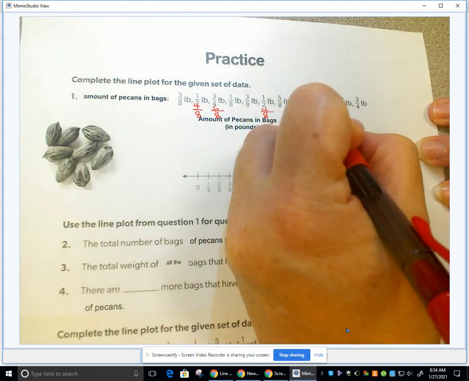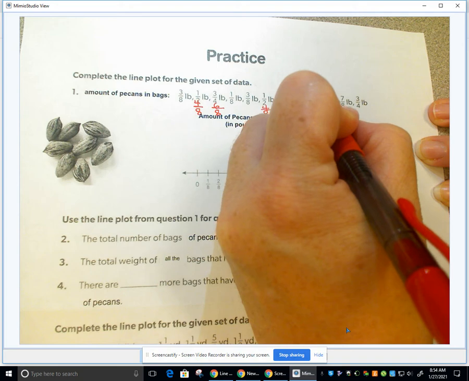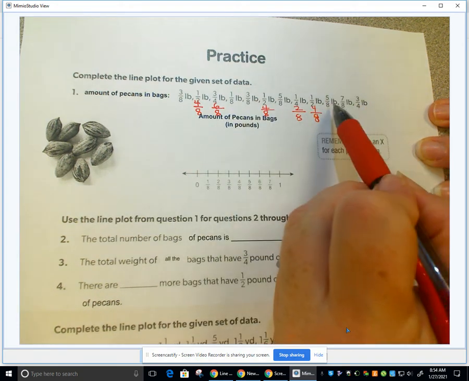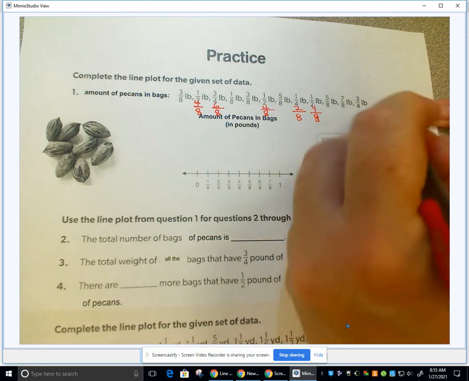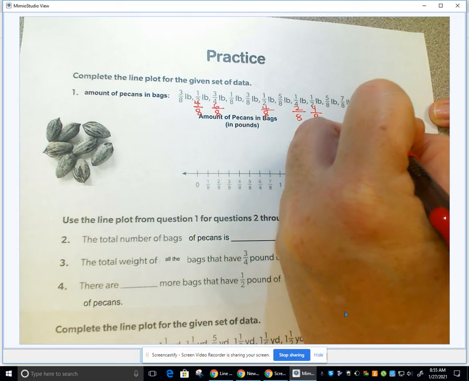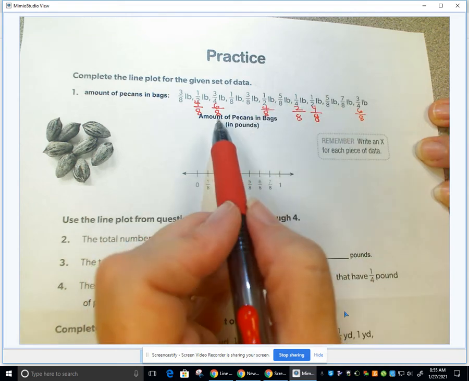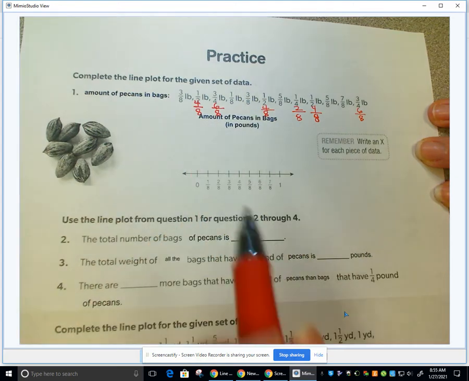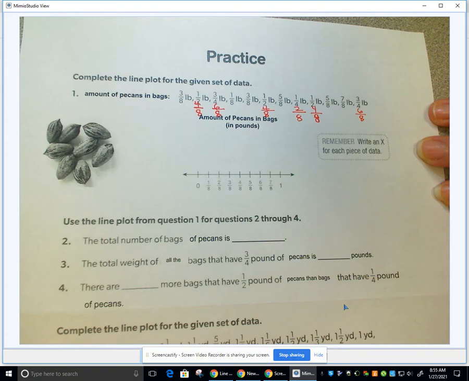It's 4/8. 5/8, 7/8, and then 3/4. I did that one right here. It was 6/8. So now I've renamed all of the fractions, and all of them are eighths.